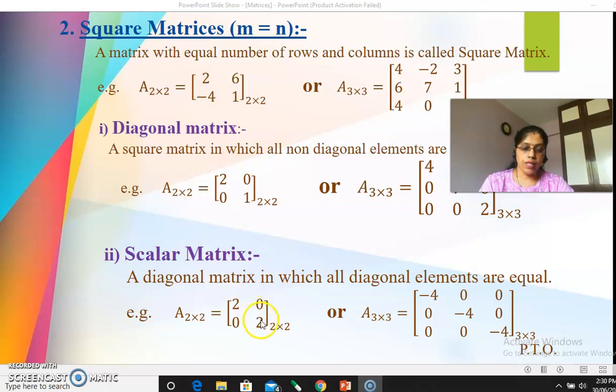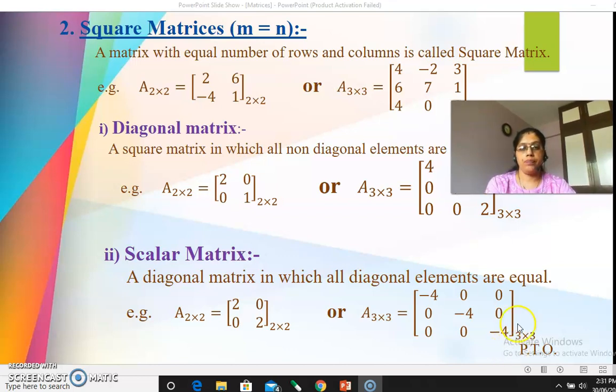If the diagonal elements are equal, that diagonal matrix is called a scalar matrix. Non-diagonal elements should all be 0. It should first of all be a square matrix, and the diagonal elements equal. Then the matrix is called a scalar matrix.